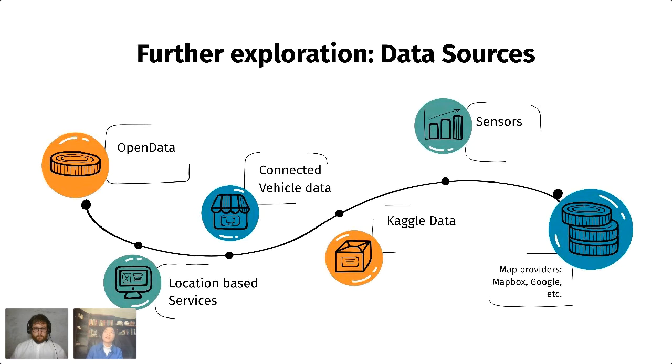For example, Vancouver has its own open data portal, or any US city has an open data portal. You can go there and search for, for example, crash data, and see how the crash data changes over the years, something like that. And you can plot it on a map or just drop it on Kepler.